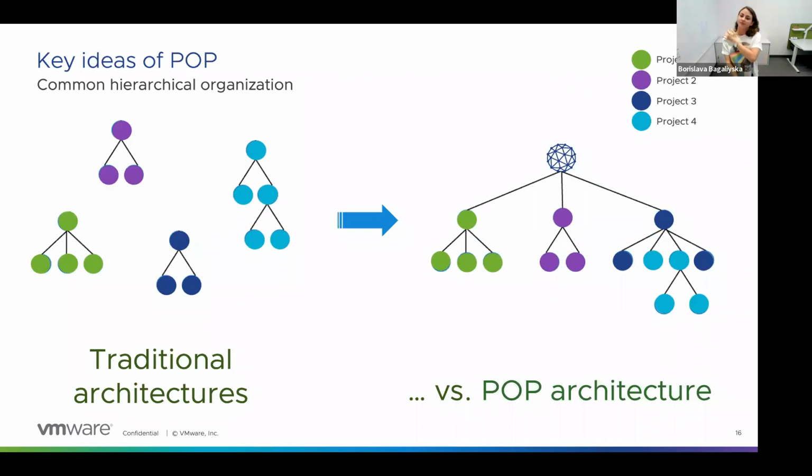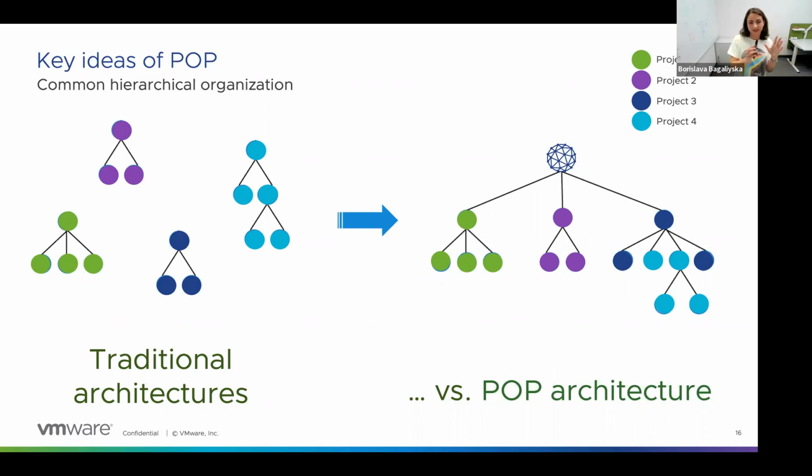And another key difference of POP and other architectures are in the way projects are structured. So traditionally, these things on the left, everything is a project with different colors. So on the left, we have 4 projects, and normally we structure our project hierarchically. So think of these nodes as directories and files.